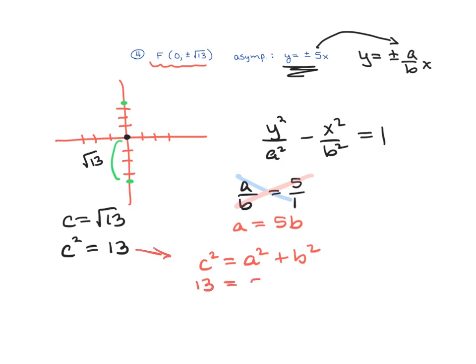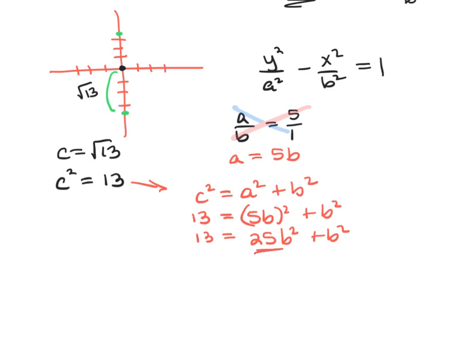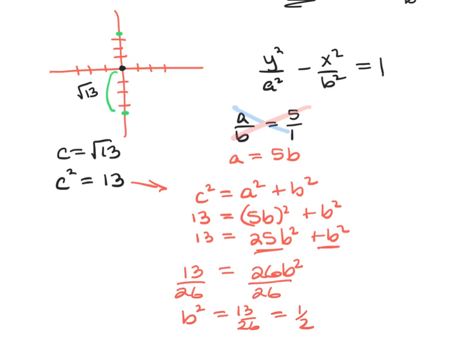And now my a is 5b, and I have to square that. So that's going to become 25b squared. It's because I have to square the 5 and the b. Now notice these are like terms, so I can add them. And now I'm going to solve for b squared by dividing by 26. I get b squared equals 13 over 26, which reduces to 1/2.